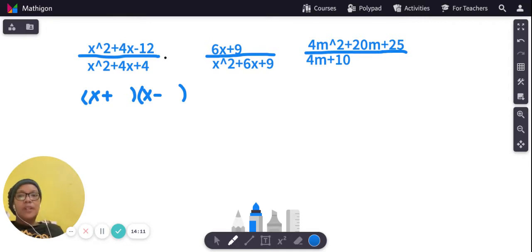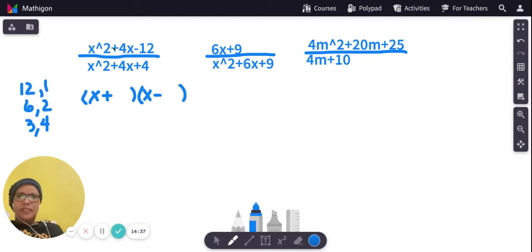Okay, so, you think of factors of 12 that will give you a difference of 4. What are the factors for 12? 12 and 1. 6 and 2. And 3 and 4. Right? The difference of 12 and 1 is 11, regardless of sign, negative 11 or positive 11.